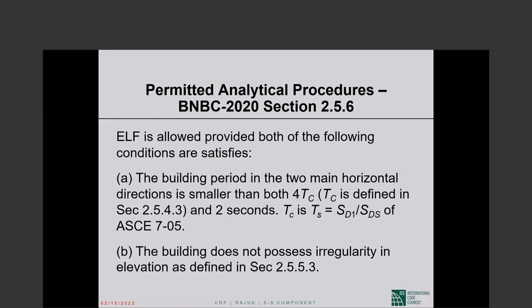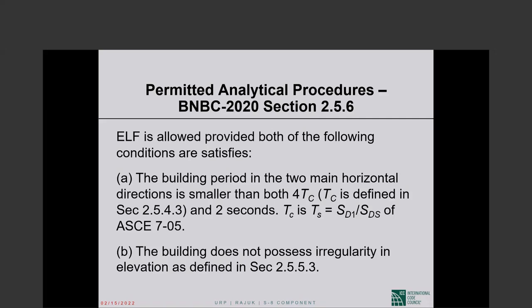So the first condition is the building period in the two main horizontal directions is smaller than 4 times T sub C. T sub C is defined in section such and such, and 2 seconds. So the period in both directions is smaller than both 4 times T sub C and 2 seconds. T sub C is what is T sub S in ASCE 7, and that is S sub D1 over S sub DS, as discussed earlier.